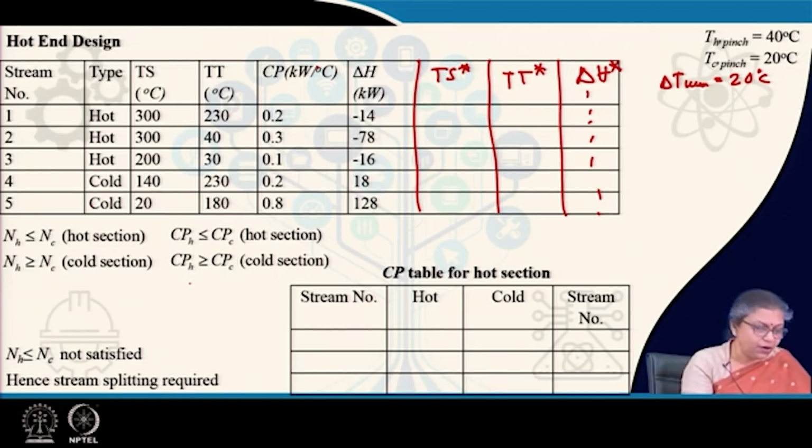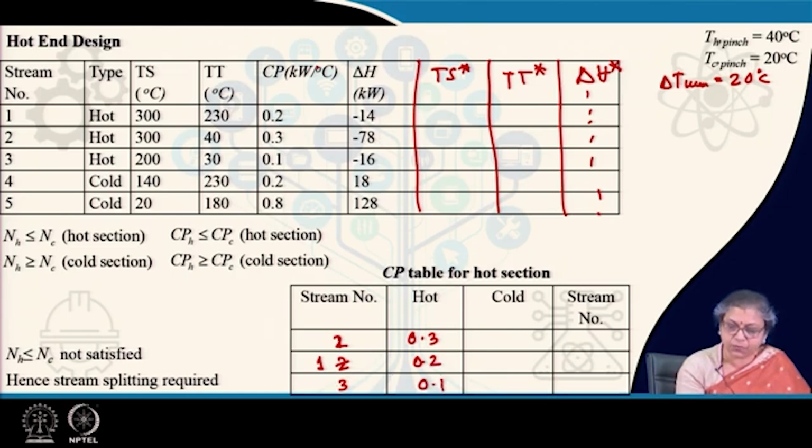So, in the hot section, what do you find? We have all the streams 1, 2, 3. Now let us arrange them. Stream 2 should come first with 0.3, then stream 1 which is 0.2, and stream 3 which is 0.1.